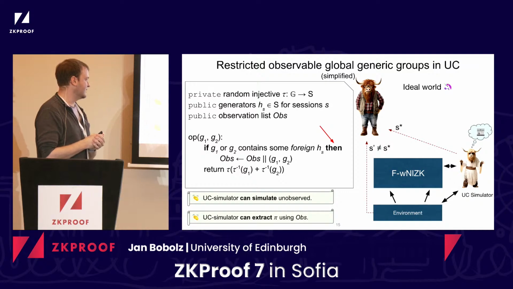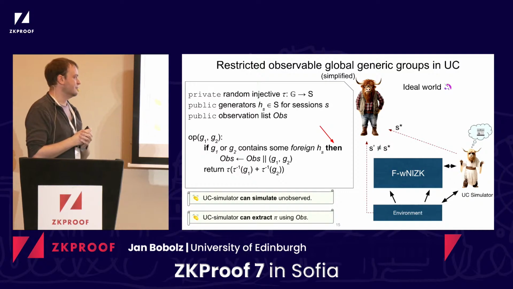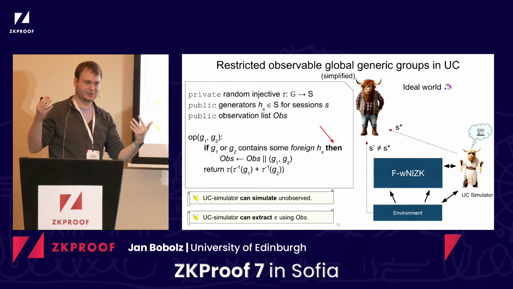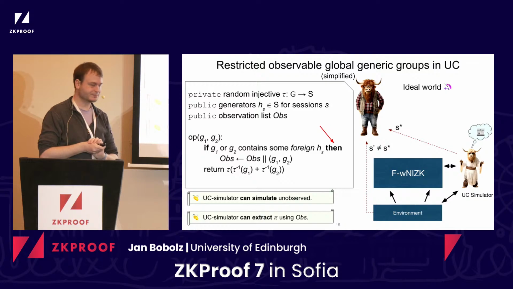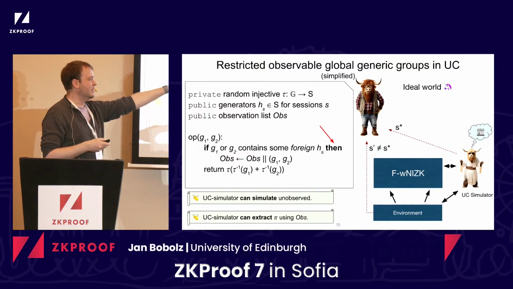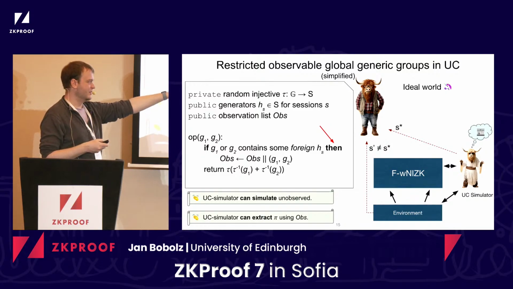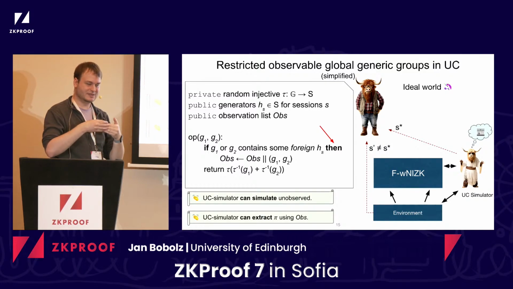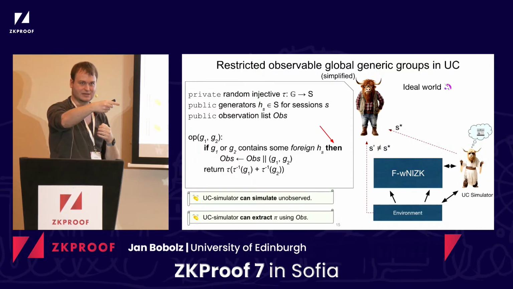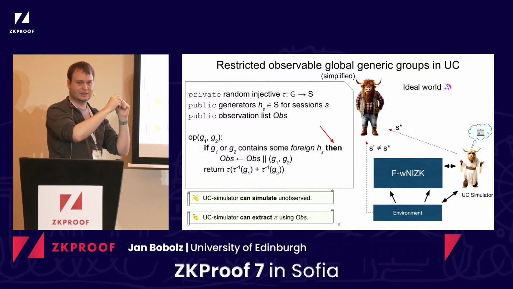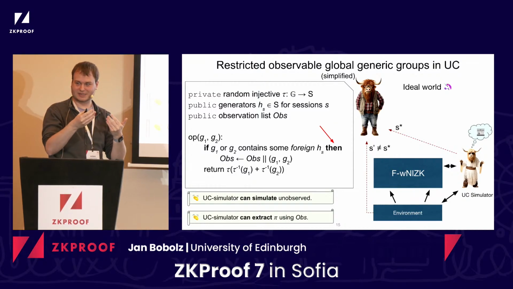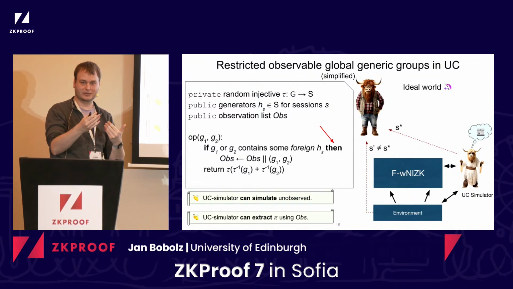The UC simulator also has a chance to extract. So one way to look at this, if you take the stupid attack that I mentioned, where the environment just honestly computes a Groth16 proof, the environment cannot do this in the target session. So at some point, if the environment wants to create a Groth16 proof on our generator, on the group generator that is assigned to our session, the environment needs to do it from some different session. And basically, this will mean that these operations will be illegal.